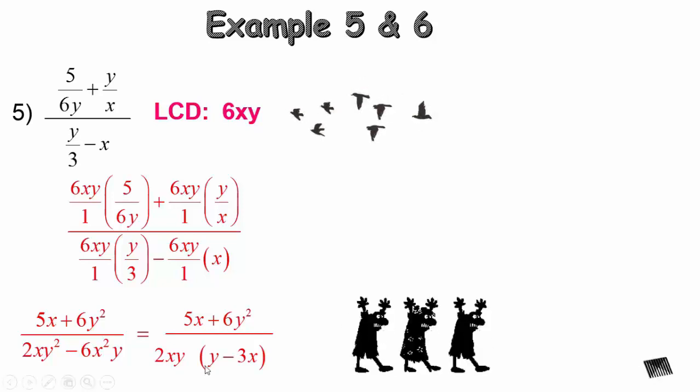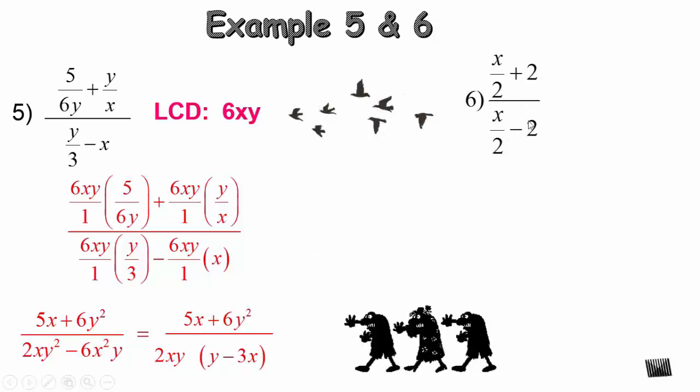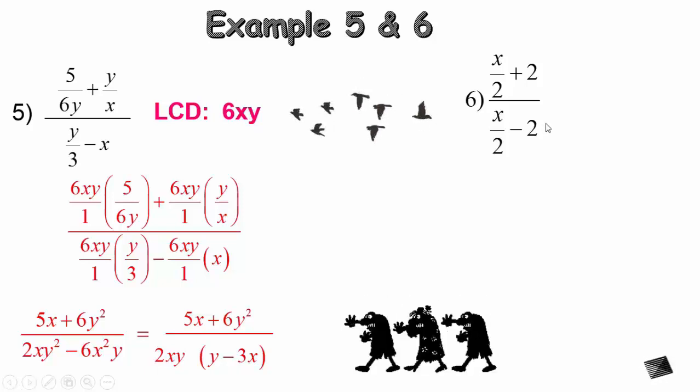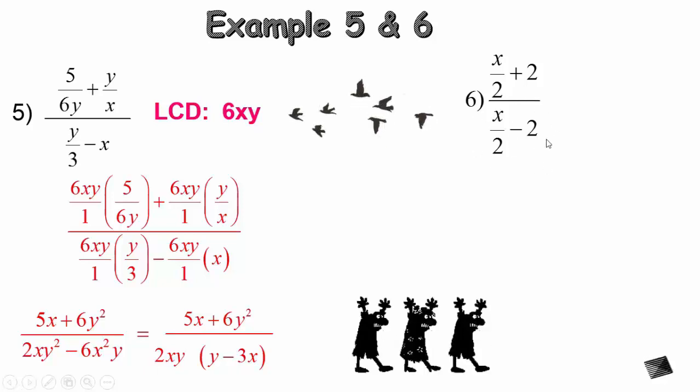In example number 6, I decided, because the denominator here is 2, that it's easy to see this is going to be 4 over 2 to make 2. So I decided in this one to use the multiplication method by just a little bit of algebra.